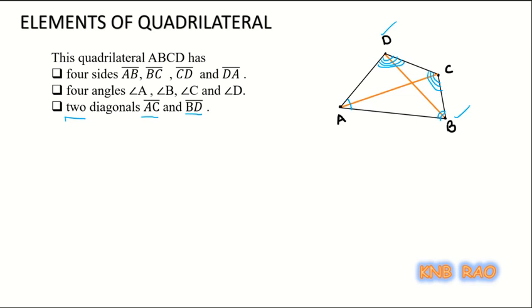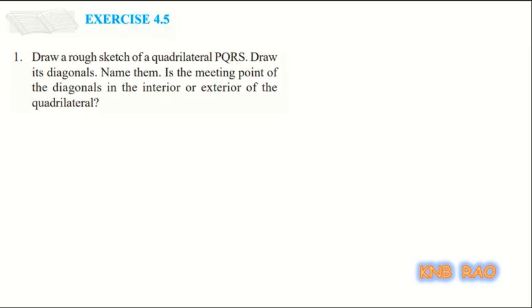So with this, I will wind up the quadrilaterals topic, but I'll get into another important exercise, 4.5. In exercise 4.5, I have a first question. You are asked to draw a rough sketch of a quadrilateral PQRS and draw its diagonals, name them. I have already shown for ABCD, but let me do it for PQRS.